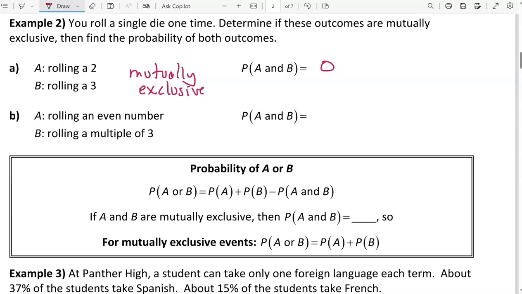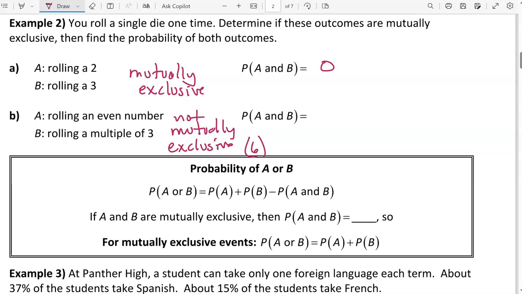Okay, how about rolling an even number and rolling a multiple of 3? Well, those do have some crossover on a die. Our next pair of events, rolling an even number and rolling a multiple of 3, are not mutually exclusive, because an even number that is also a multiple of 3 on a die is 6.